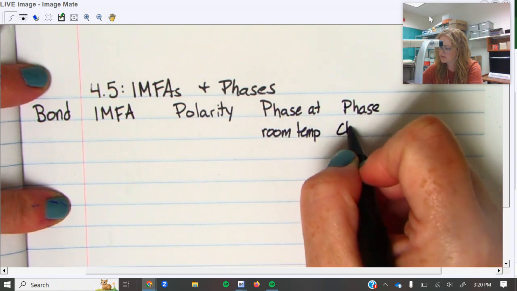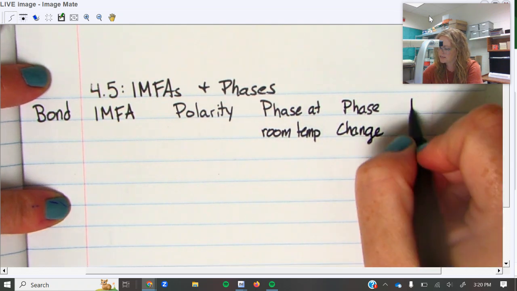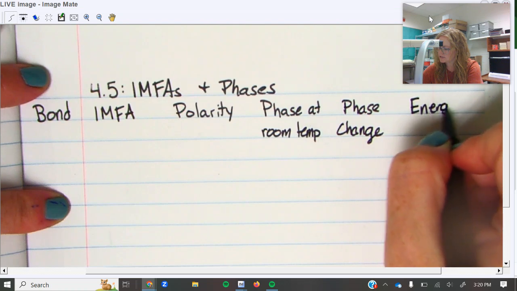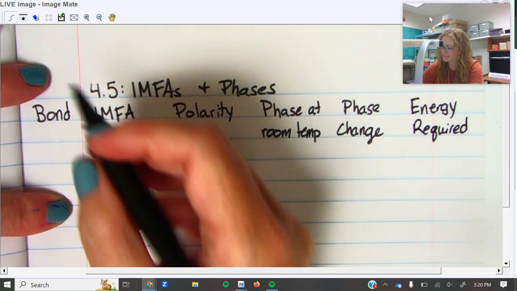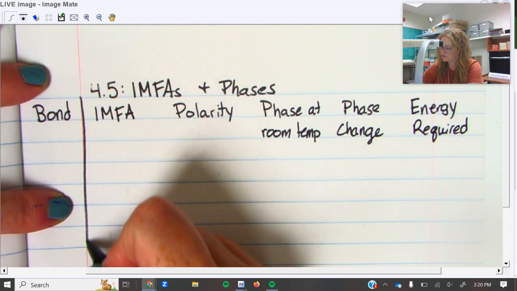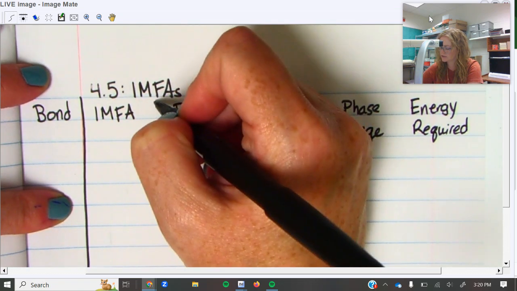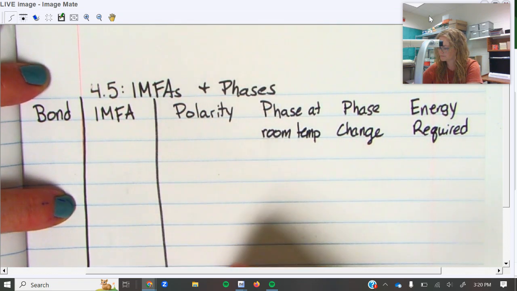Phase change. And energy required. Like I said, you're going to jump more into these concepts in second semester, so this is just a preview.